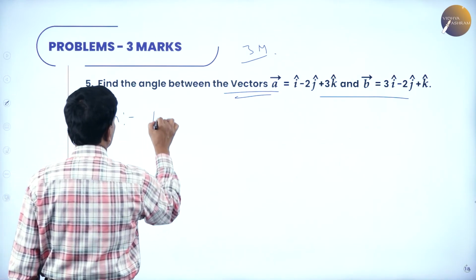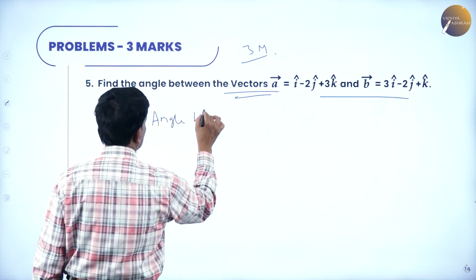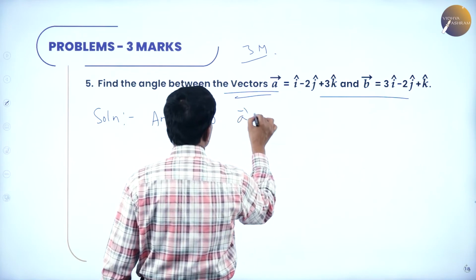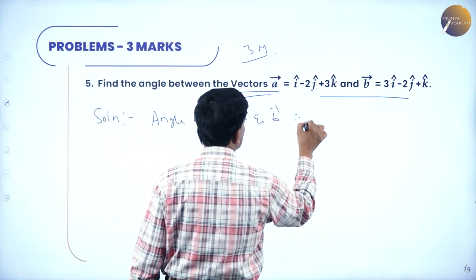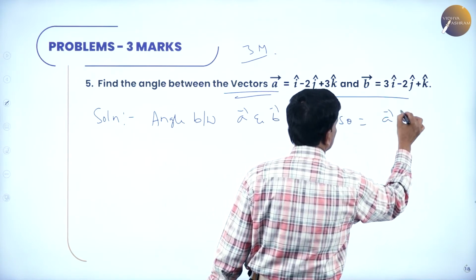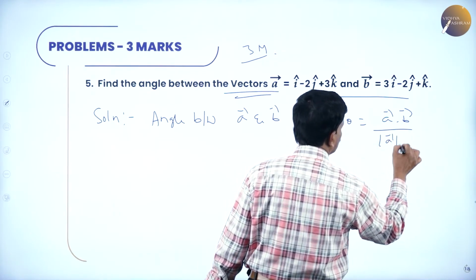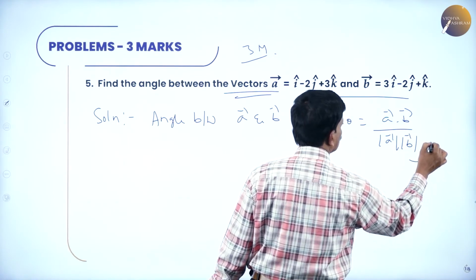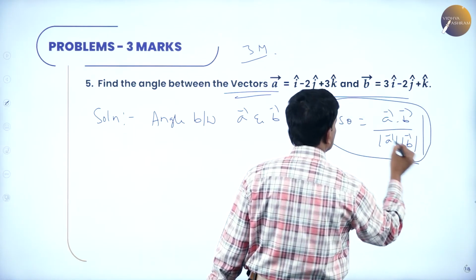The angle between the vector A and vector B is given by cos theta is equal to vector A dot B divided by length of A into length of B. This is under mod.